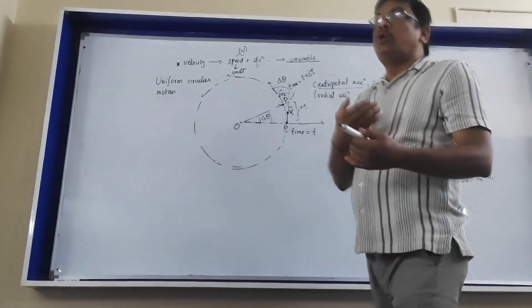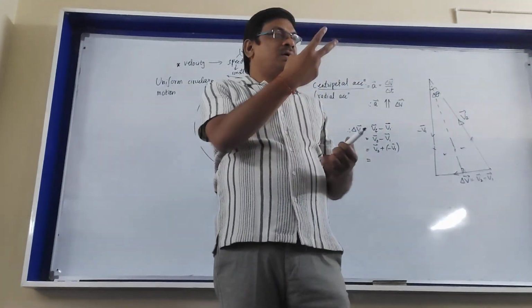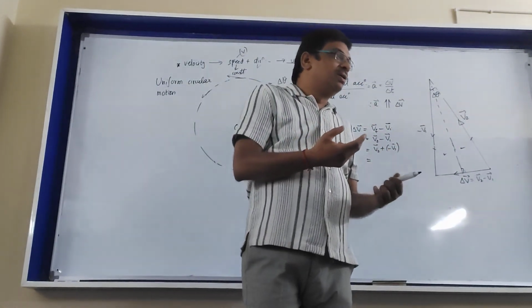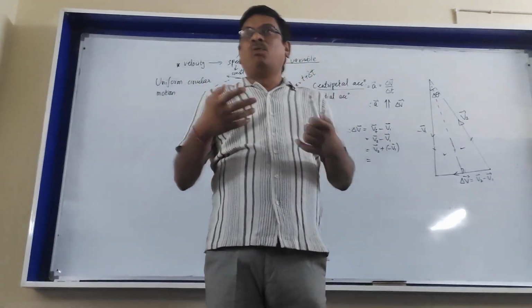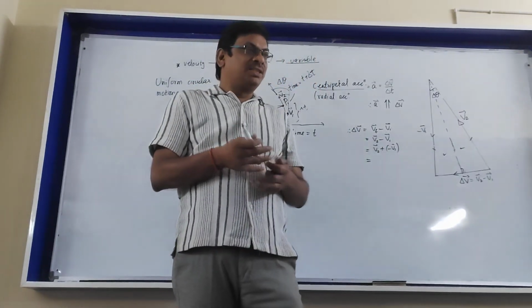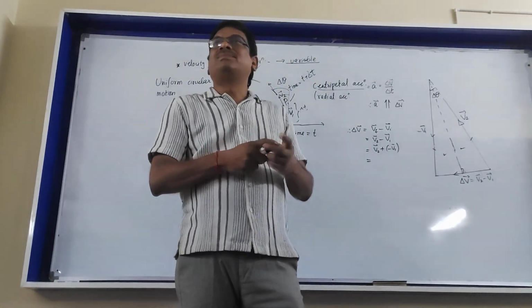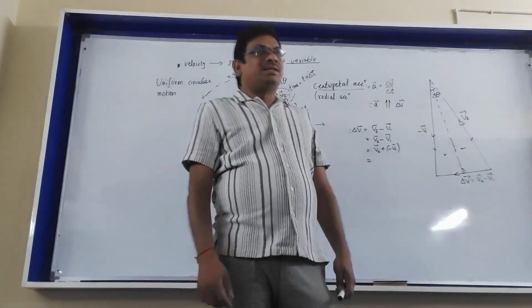Congruent means duplicate. In movies you see two Shah Rukh Khans or two Ram Charans. I don't know whether Ram Charan has any movie in which he has a double role. Anyway, Chiranjeevi, a lot of movies are there.